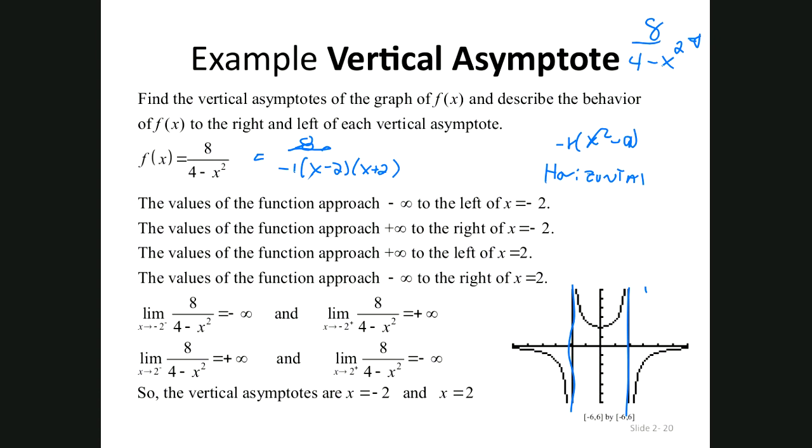If I go toward 1 from the left-hand side, positive infinity. So you can see how you can find the answers just by looking at the graph. But without that graph, you'd have a really tough time trying to figure out what the limits are. So when you're dealing with verticals, usually you want to graph it out, and I have no problems with that.